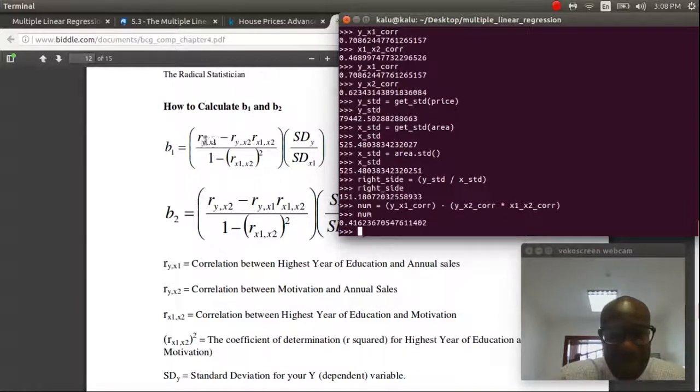That is this number, our numerator for the left side. Now let's get our denominator for the left side. So the denominator for the left side equals 1 minus, and we need to take our x1 x2 correlation, right? The correlation between x1 and x2, our 2 independent variables, and we need to square that.